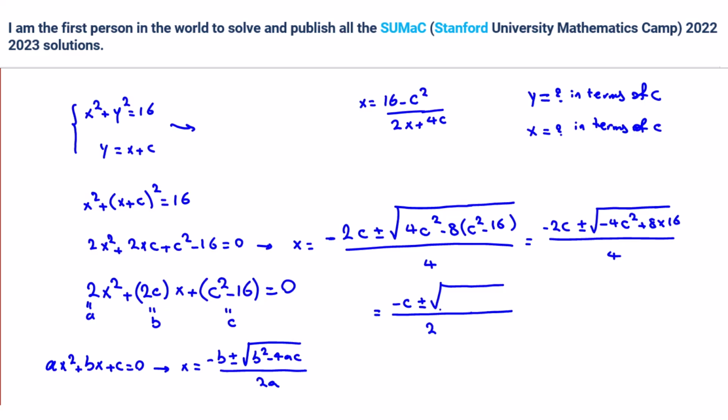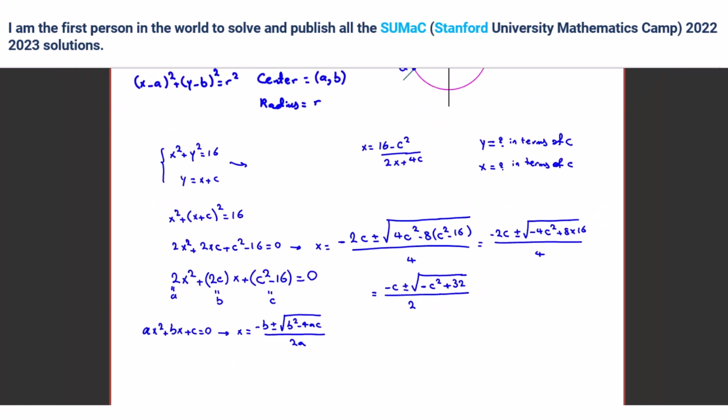When you divide by 2 inside the square root, we should divide by 4. So minus c squared plus 32. Exactly. Good job. So these are our two x's, right?